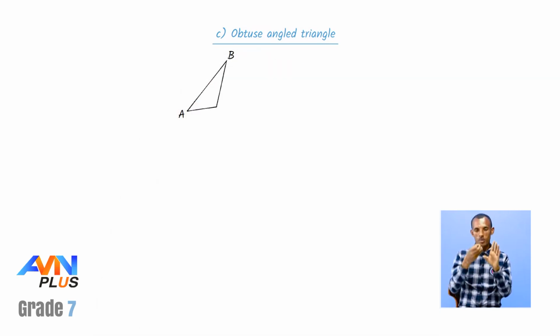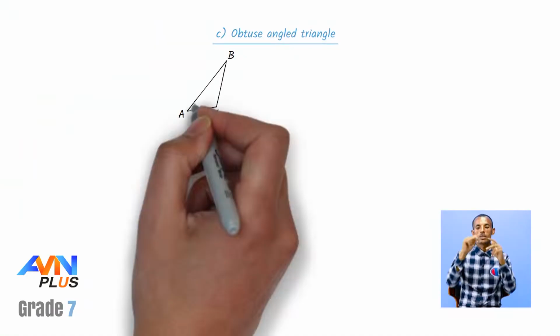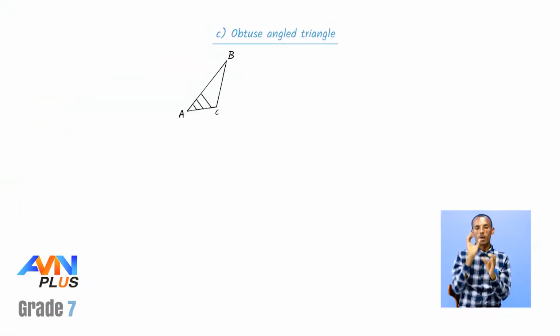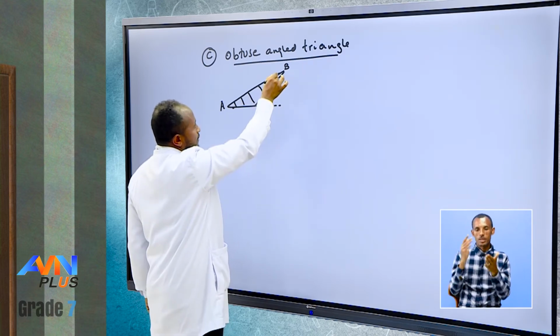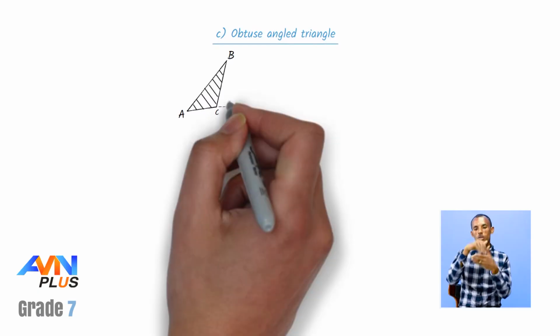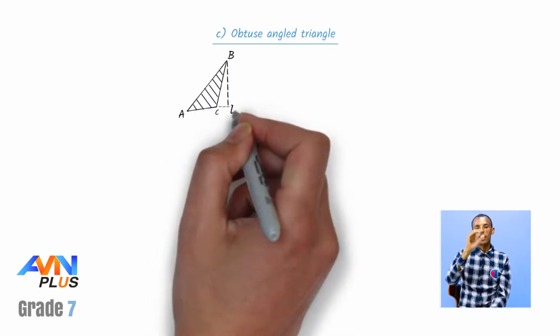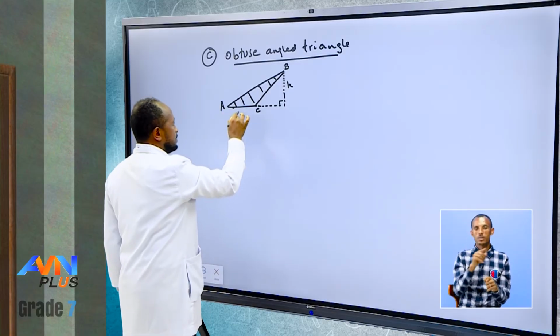Assume this one is A, B, C. We are asked to calculate its area. To calculate this, draw an altitude from point B to the extension of side AC. Since we don't have an altitude inside, the altitude would be outside, on the extension of side AC. So this will be the height of the triangle, and this will be the base.